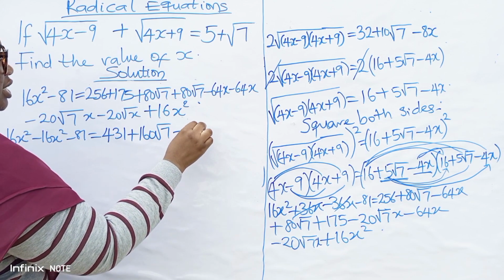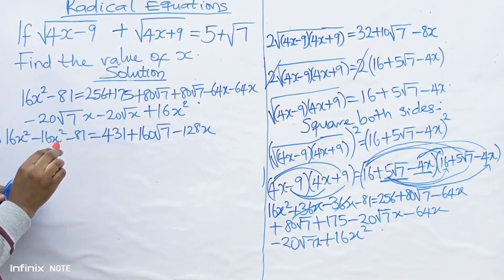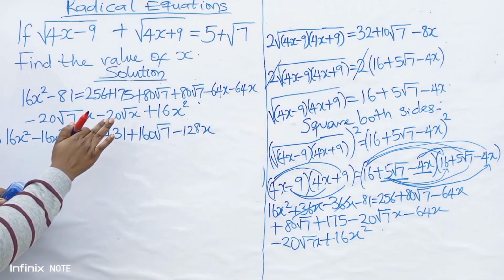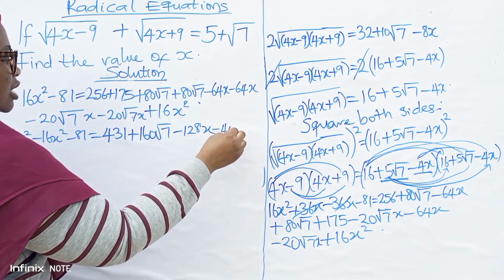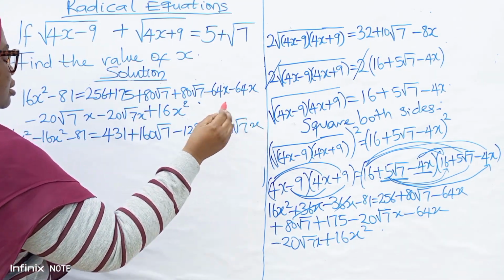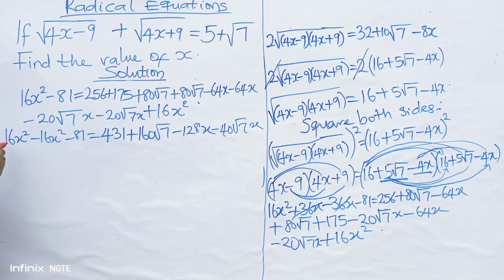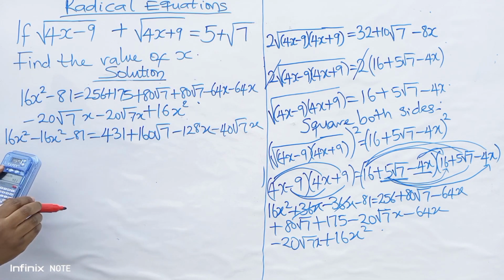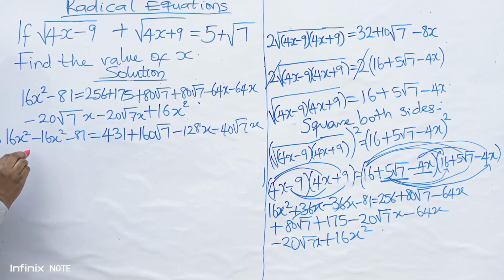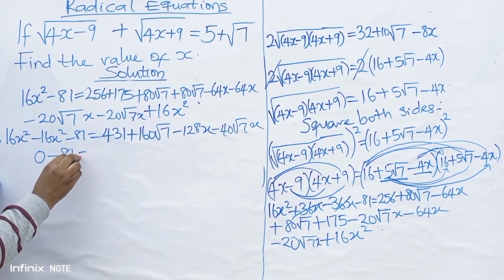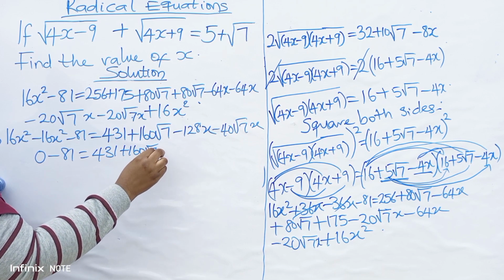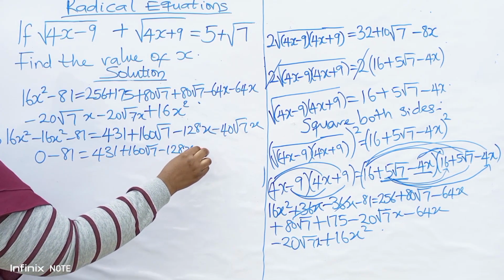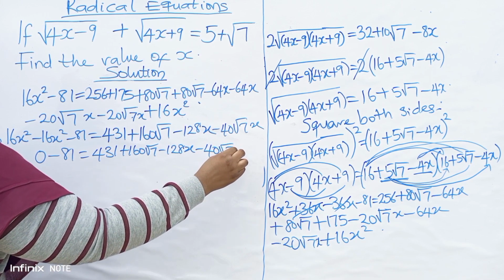minus 128x, minus 20 root 7x minus 20 root 7x will be what? Minus 40 root 7x. So now 16x squared minus 16x squared is equal to 0. So I have left minus 81. So I have 0 here, then minus 81 is equal to 431 plus 160 root 7 minus 128x minus 40 root 7x.